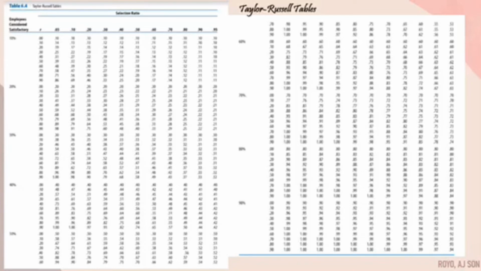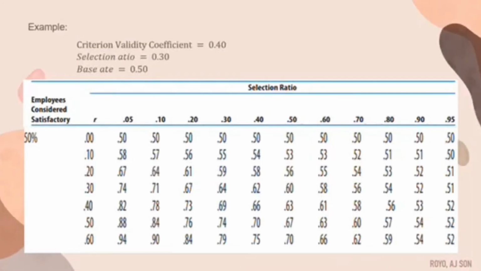So now let's have an example on how to use the Taylor-Russell table. Okay, so suppose that the value of criterion validity coefficient is 0.40. The selection ratio is 0.30 and the base rate is 0.50. Okay, so based on the table, let us locate first the base rate which is 0.50 or 50%.